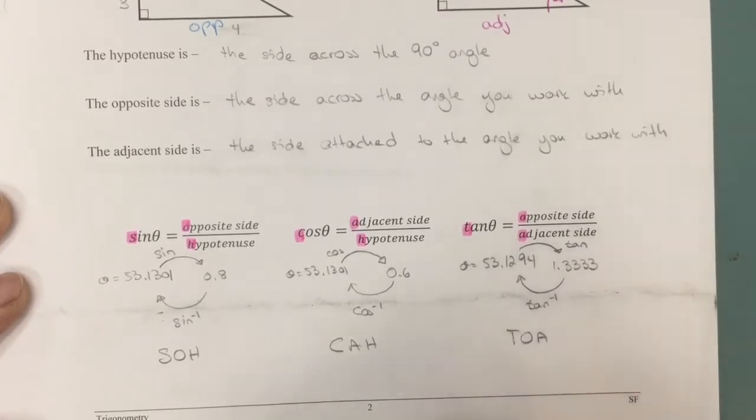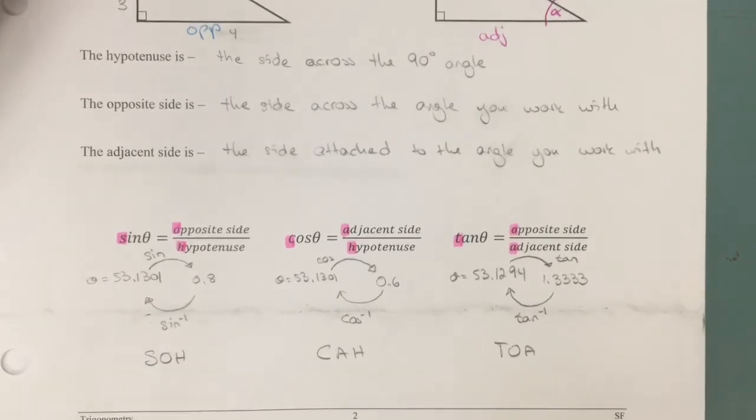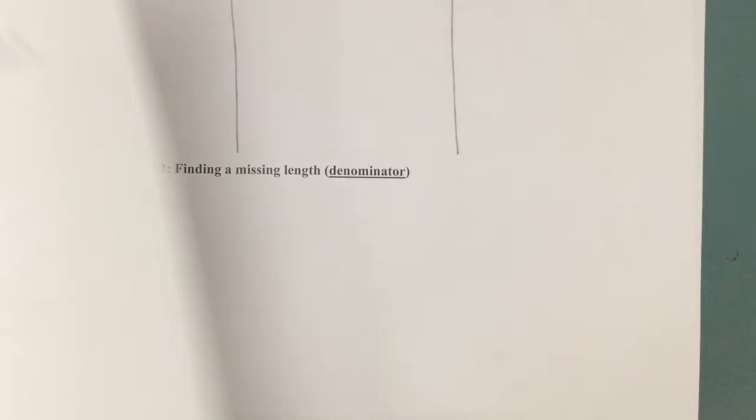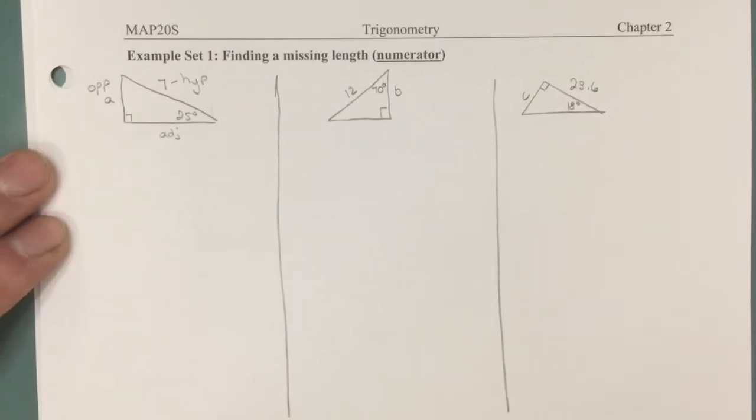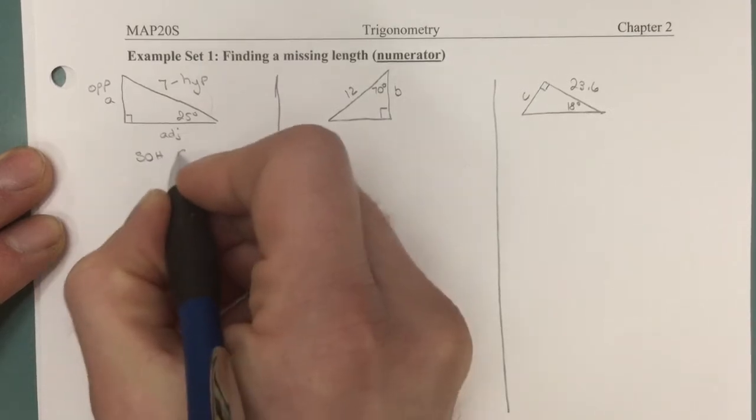And when I say this together, I get the acronym SOHCAHTOA. That's a very quick way to remember the equations of those ratios, and which sides belong to which function. And so in this example, we will start by writing down that acronym.